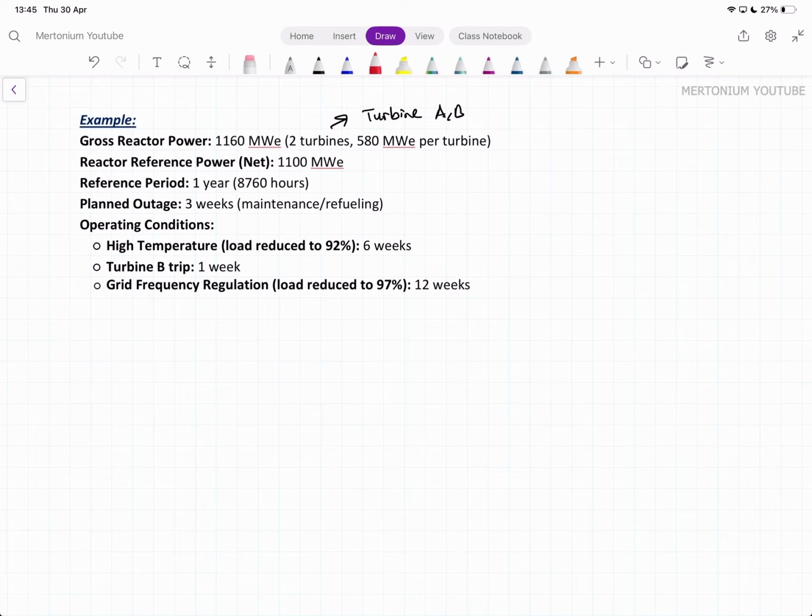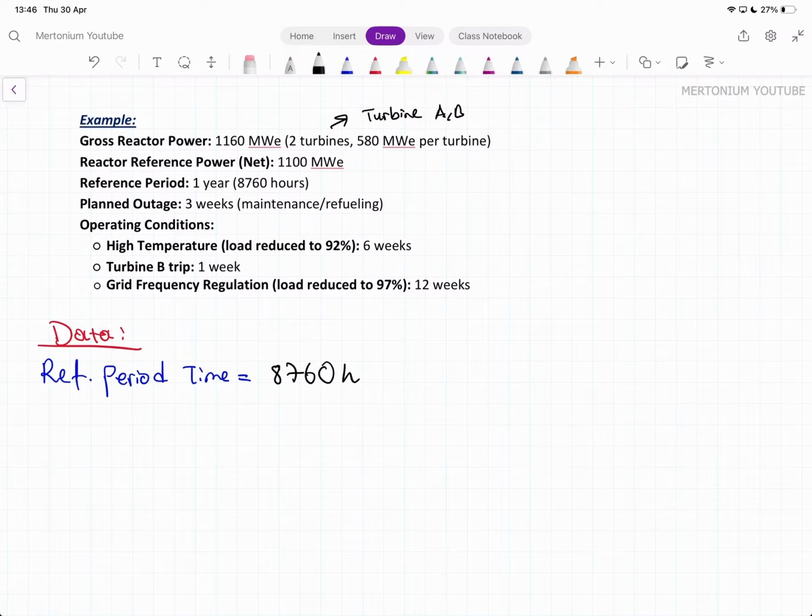Let's start by writing the most important data. So we have reference period time of 1 year. We are going to convert this to hours, so later on, we can calculate the unit of megawatt hours. So 1 year in hours, 8,760.